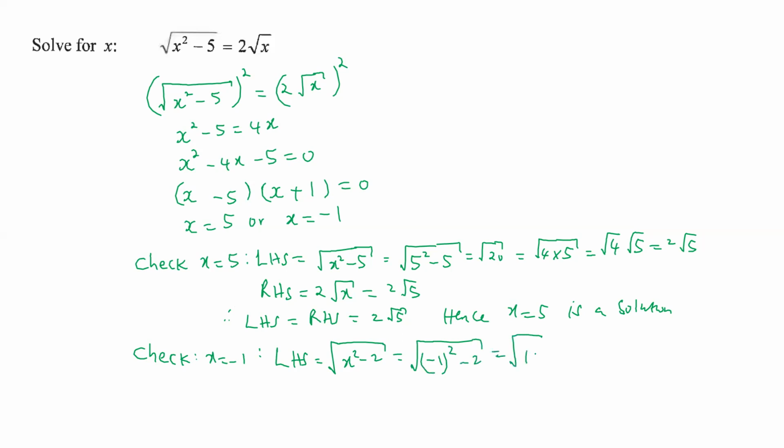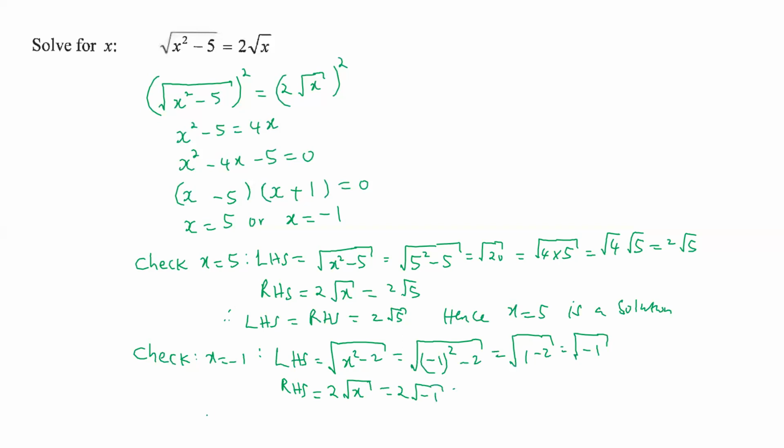And then this is 1 minus 5, which is the square root of minus 4. Okay, the square root of minus 1 is normally the purely imaginary number, the imaginary number i. So the right-hand side of the original equation is 2 into the square root of x, which is 2 into the square root of minus 1.